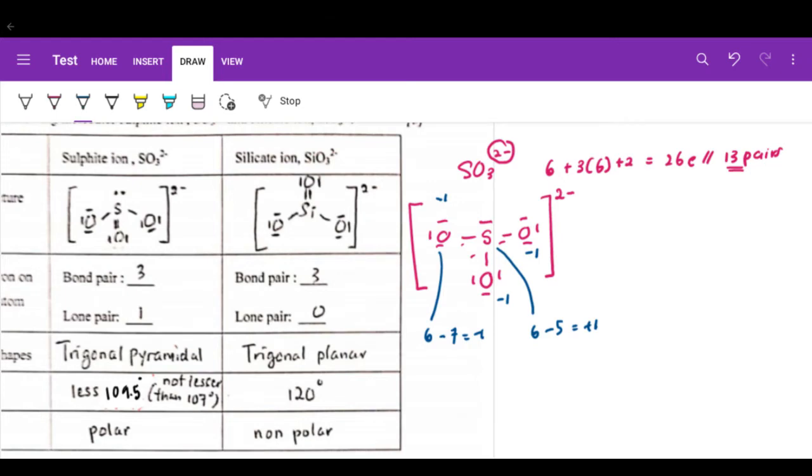Negative means that the atom inside the molecule is not stable.